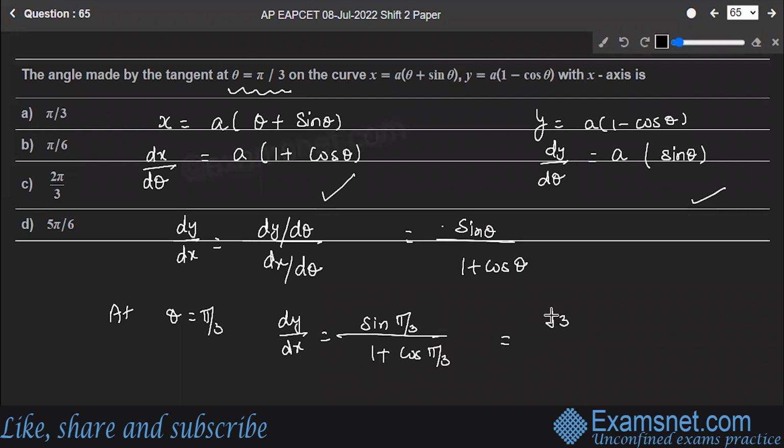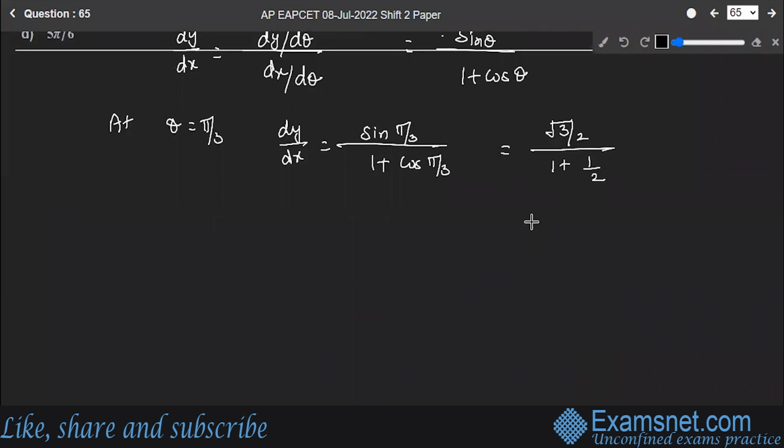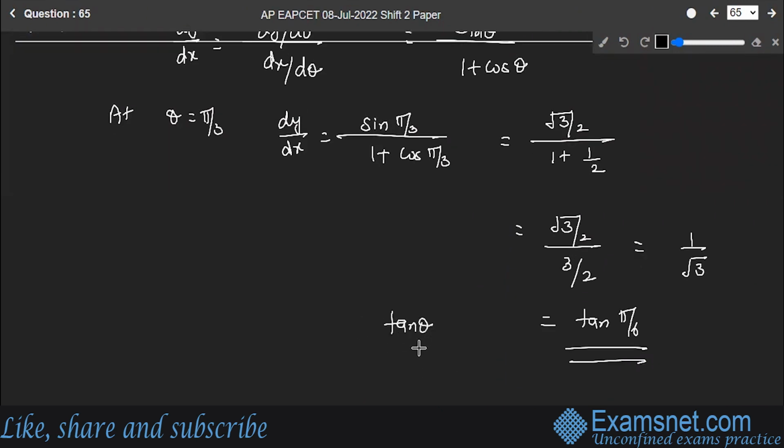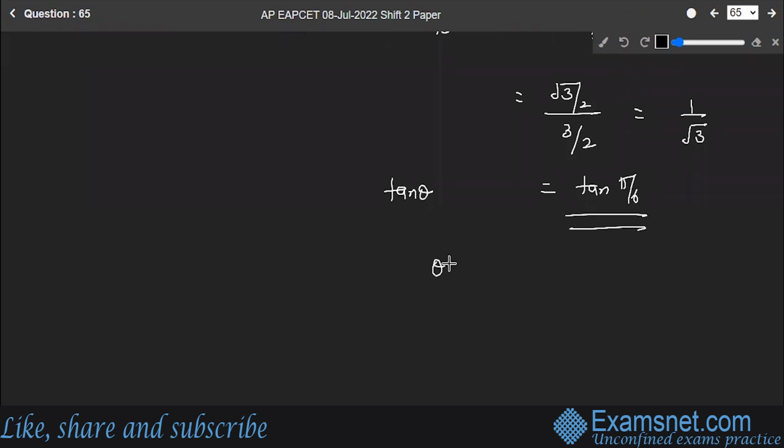Sine pi by 3 is root 3 by 2 upon 1 plus 1 by 2. When you solve this, root 3 by 2 upon 3 by 2, you will get 1 by root 3, which is equal to tan pi by 6. So dy by dx is nothing but the tangent of the angle, right? That means theta is equal to pi by 6.